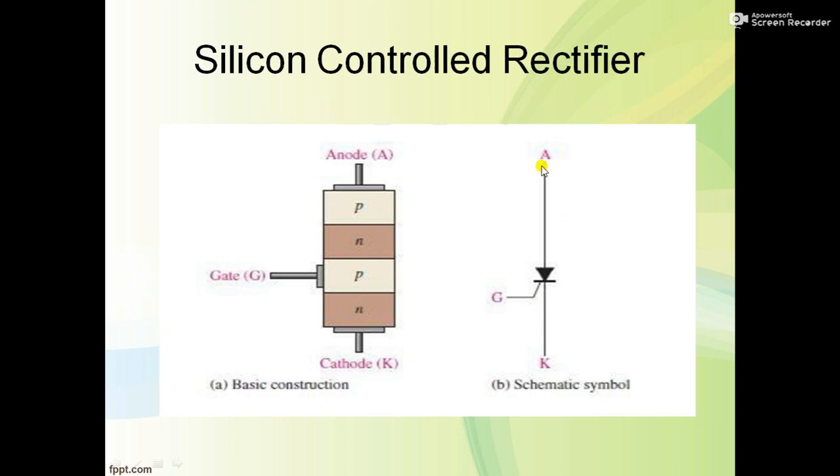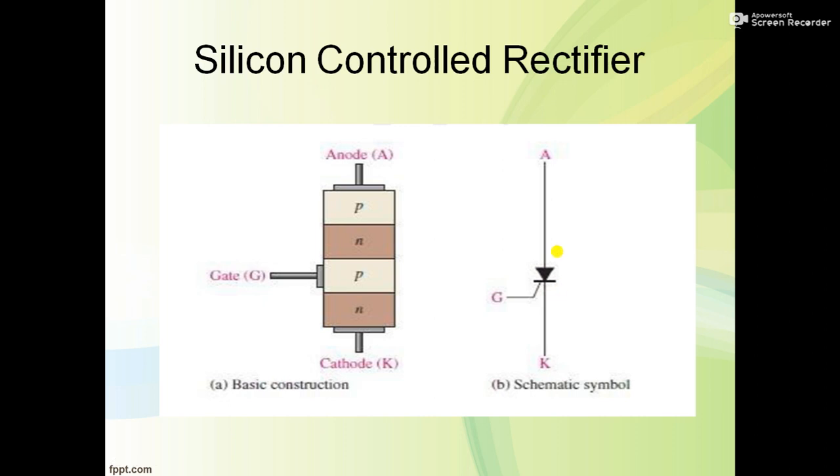The anode must be positive with respect to the cathode to forward bias this SCR. But this is not a sufficient criterion to turn on the SCR.